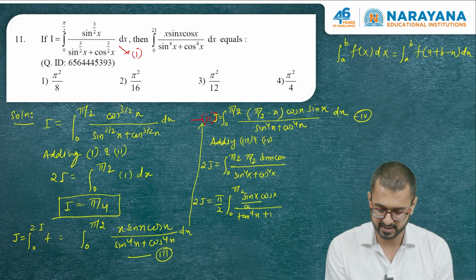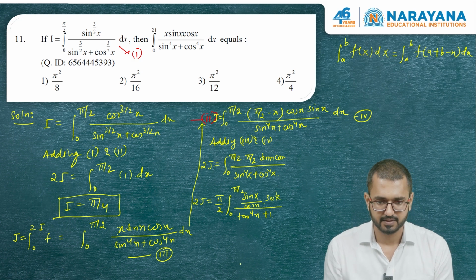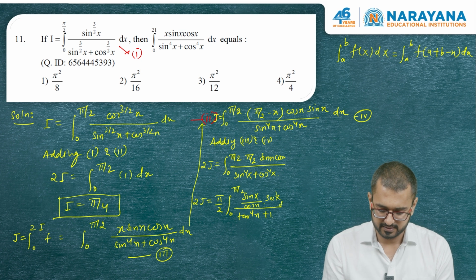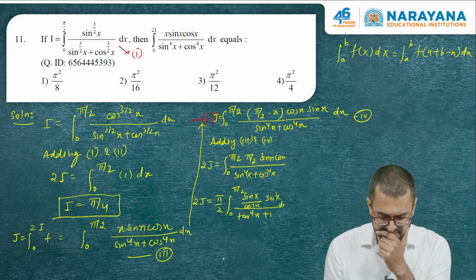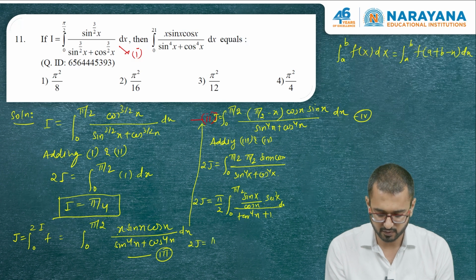One of the cos I'll be sending here, and then another cos will become square, so it will become sec square x then. Yes, so now this would give me basically 2J is equal to pi by 2, and then integration from 0 to pi by 2 tan x into sec square x over tan square x the whole square plus 1.